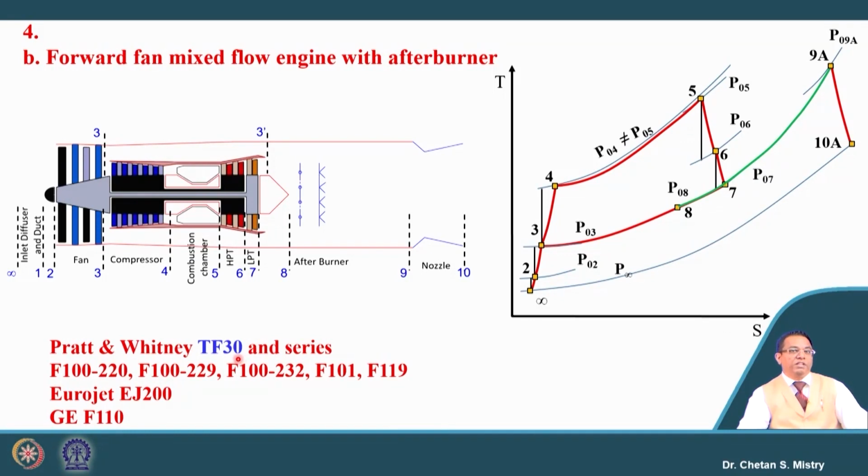Some of them are TF30, F100, F100 229, 232, 101, F119, Eurojet, GE, they are some of the examples for this kind of configuration.